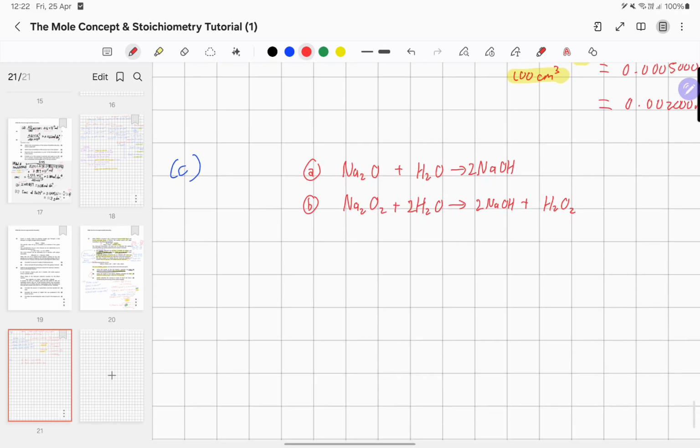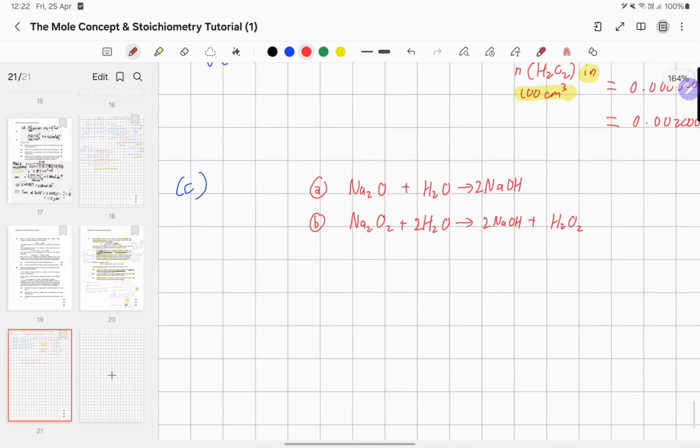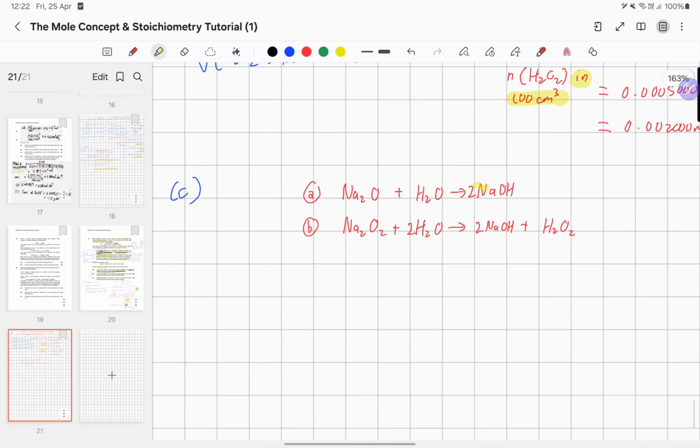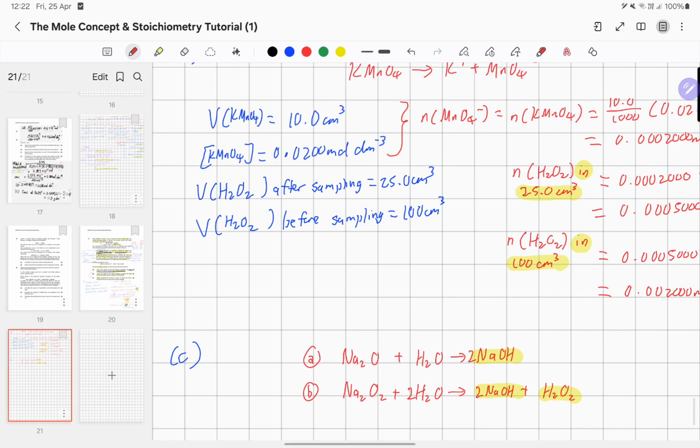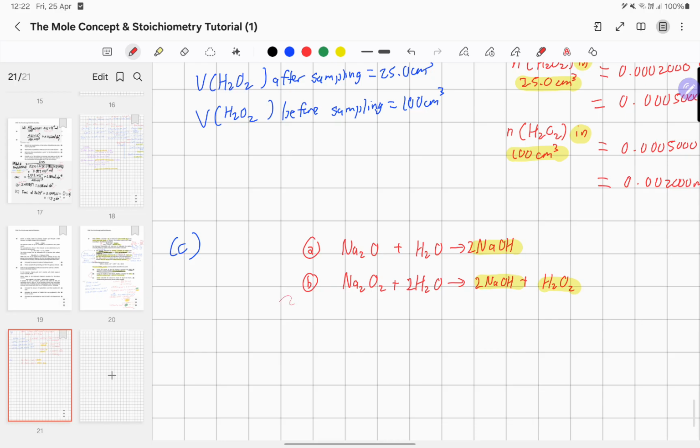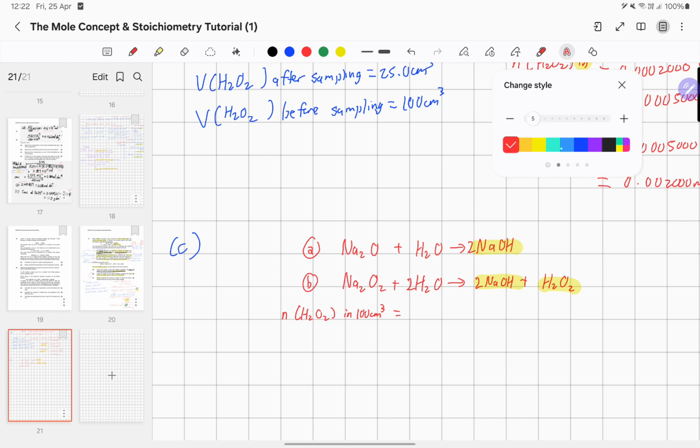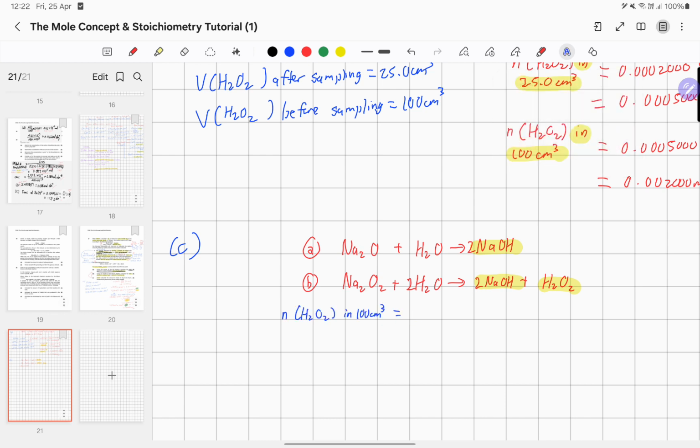Okay, so knowing the number of moles of H2O2, so what was in the previous answer, the number of moles of H2O2 in 100 cm³. Okay, then we'll label this in blue.